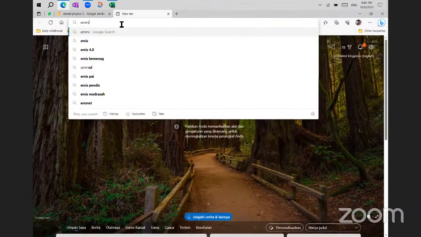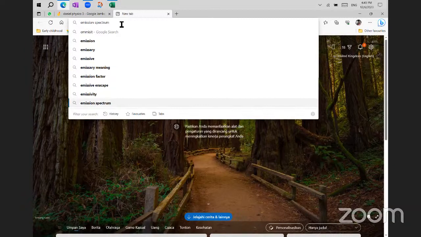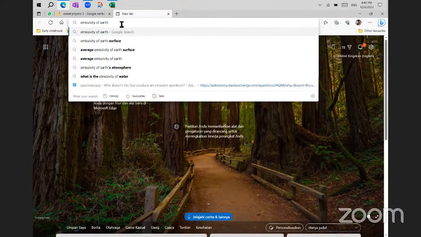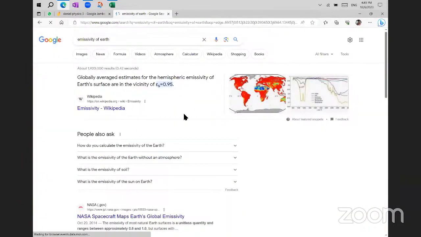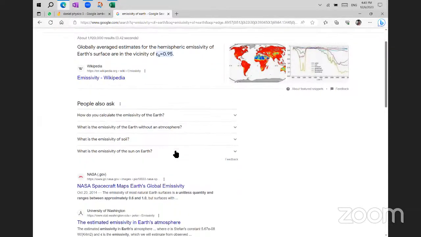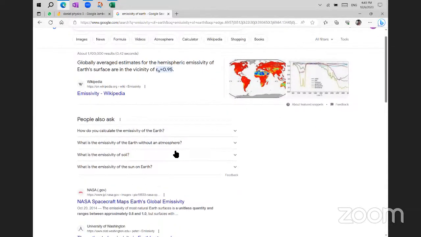Look. I'm just gonna look for the emissivity of Earth. Oh, go Google, educate us. 0.95. Wait, that's not... Wait, what?